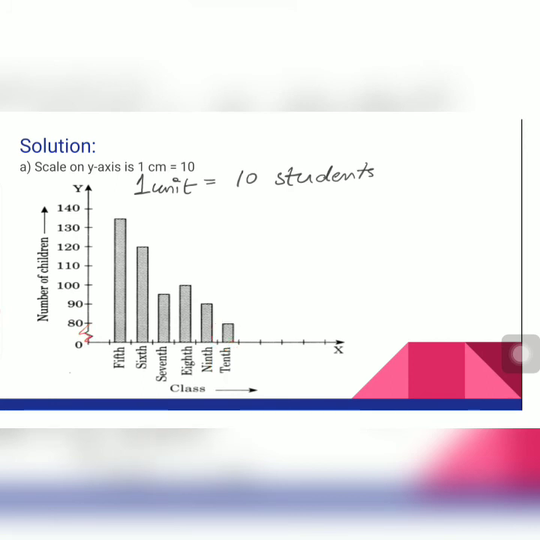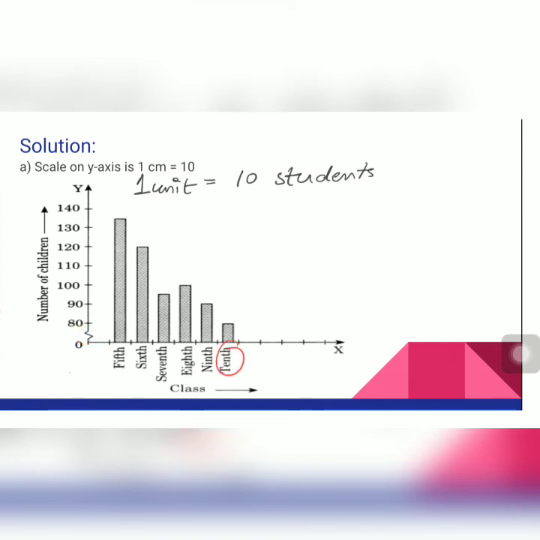But why have we shown a kink over here? Because if we are plotting the scale in multiples of 10 from zero, it will take a larger space, and we will not be able to accommodate the complete scale on this page. So that is why we are using this kink, and this kink is representing that the values from 0 to 80 are contained in this limit only.